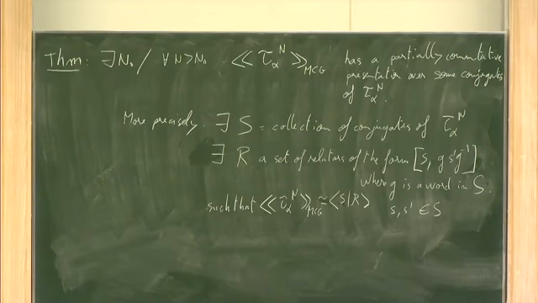Is the presentation stable under taking larger n? Yes, actually, the presentation depends on n naught only, not on n. The presentation is once and for all and does not depend on n.